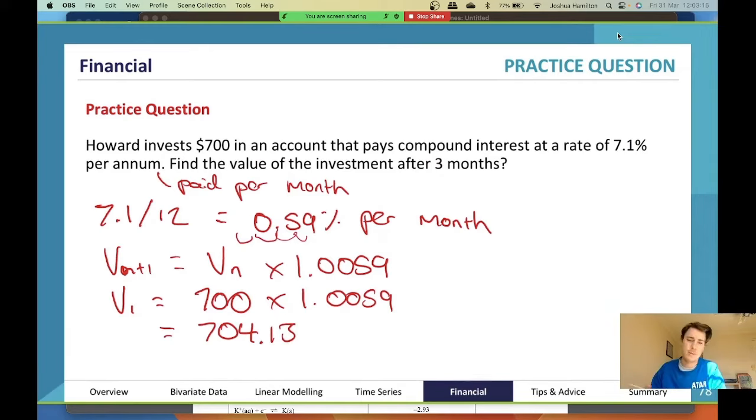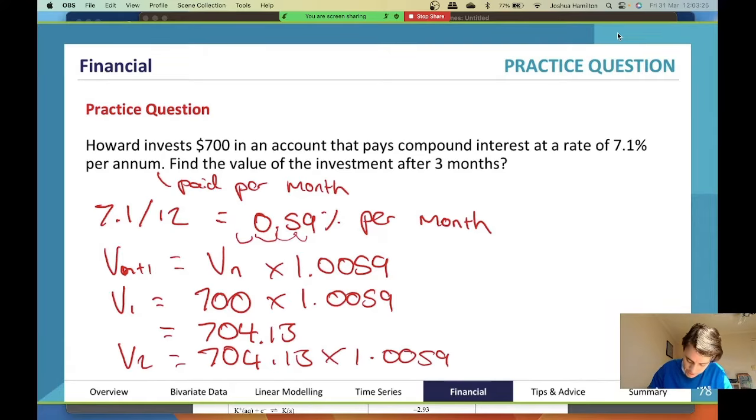Then I run through the next two. V_2 equals 704.13 times 1.0059, and I get another value. Then I do that again, and I end up with a value of 712.46 for our third one.